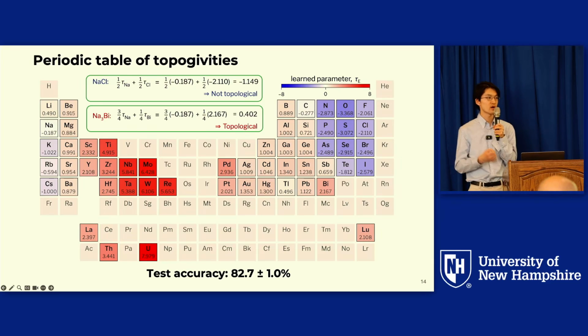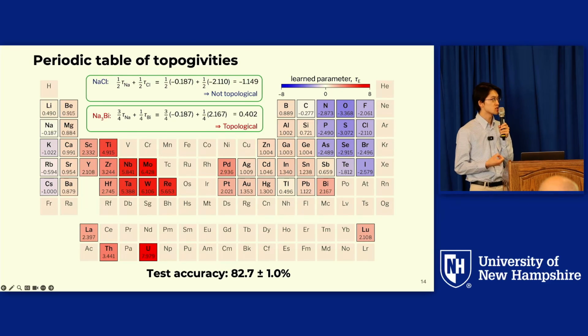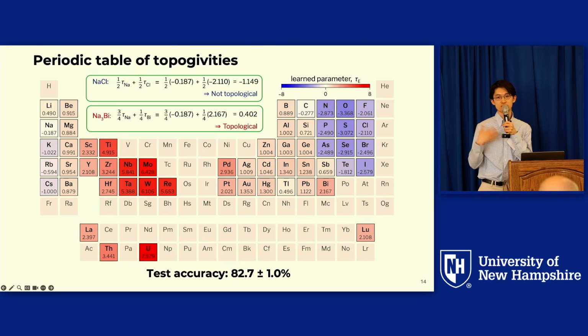So those are the regions of highly electronegative and highly electropositive elements, which typically form ionic compounds. And ionic compounds typically have a large band gap. But in contrast, topological materials will typically have either zero band gap or low band gap. So it makes sense the model thinks that the elements that are typically forming ionic compounds will typically not be topological.